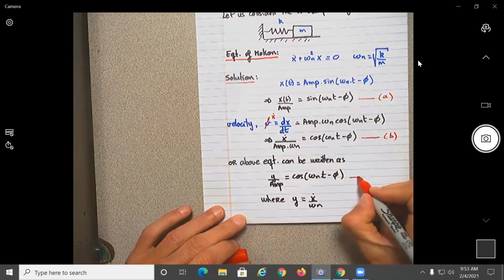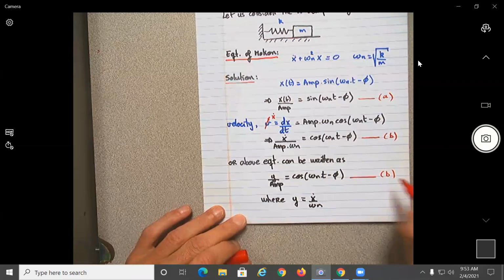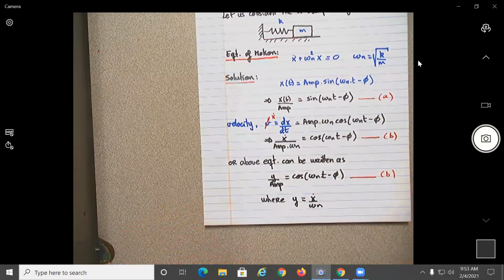Let's say this will also be equation B, because it's the same equation, just written in a different form.